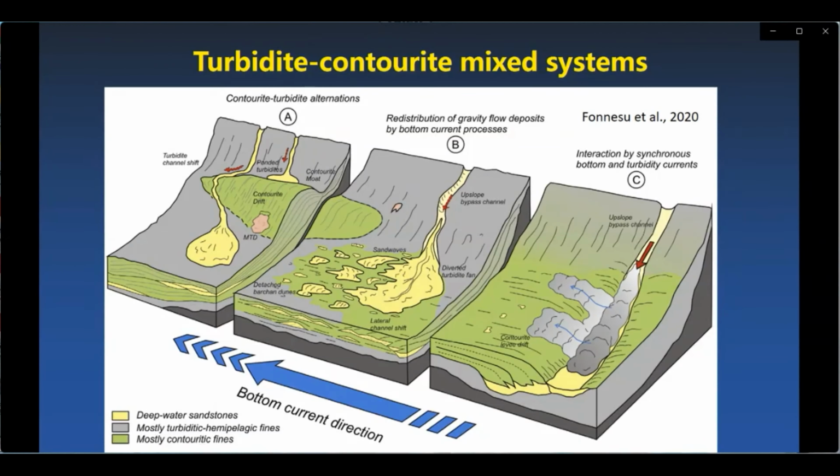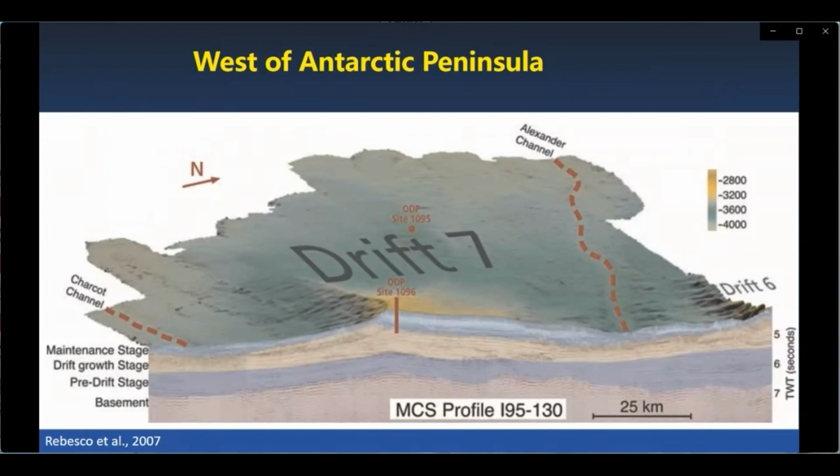The first two types are related to only one type of current process, for example only the bottom current or the turbidity current. But the third one is related to the combined flow of the bottom current and the turbidity current. So we mainly focus on this type.